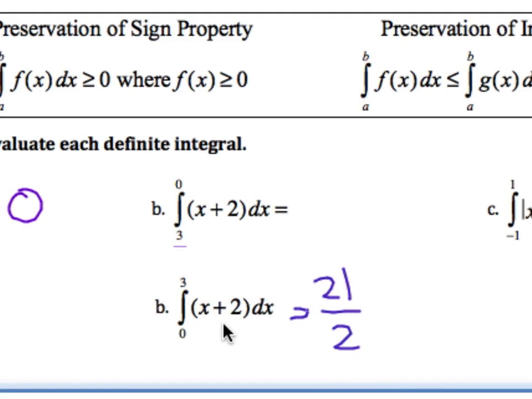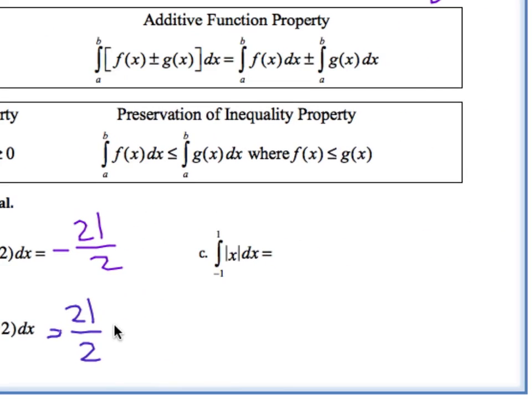Okay, so we can see here that the only thing that actually switches is the limits of integration. So instead of going from 0 to 3, we're going from 3 to 0, and so what we do with that is we just negate our definite integral. So this would become negative 21 over 2.